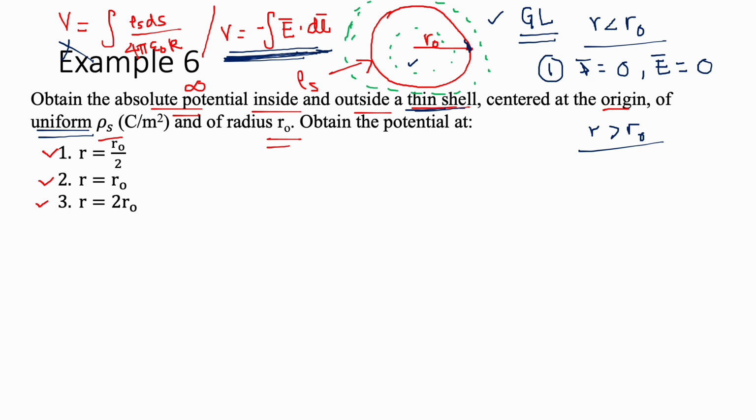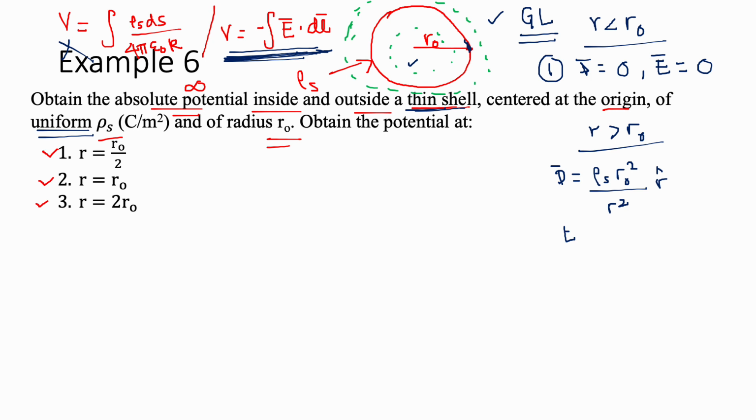So your D is equal to rho s r naught squared over r squared, where r is larger than r naught, in the r direction.